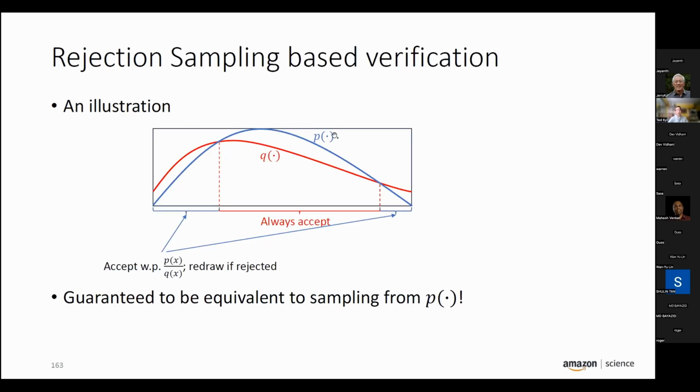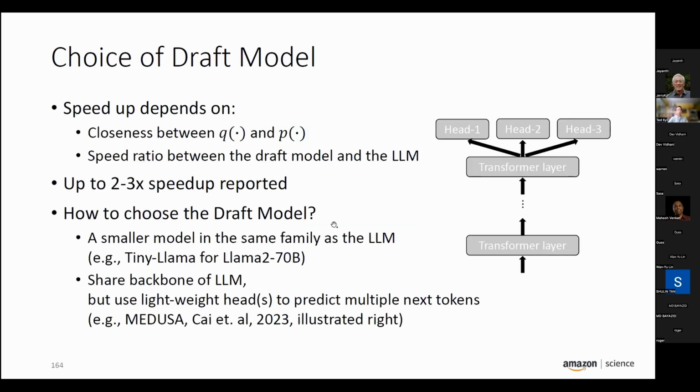There are a couple more slides here that talk about rejection sampling, and this idea of the small model they call the draft model. Again, you want it to be as fast as possible, but as close to the big one, as accurate as possible. Generally, it says in the same family.